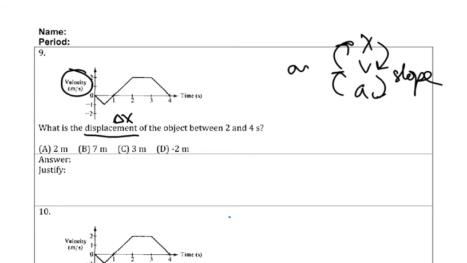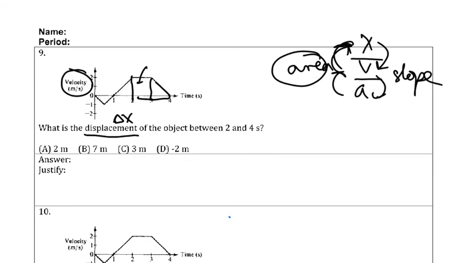Slope, area, and I know that if I have velocity and I want displacement, I have to go ahead and find the area. Okay, the area between 2 and 4 seconds will be this square or rectangle plus this triangle. Okay, so I have to find both and add them up.